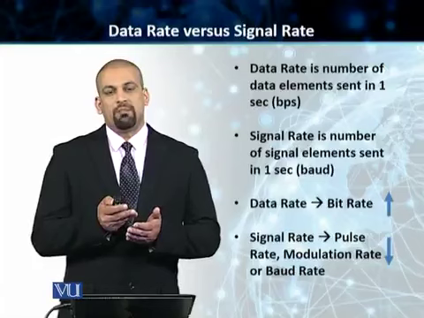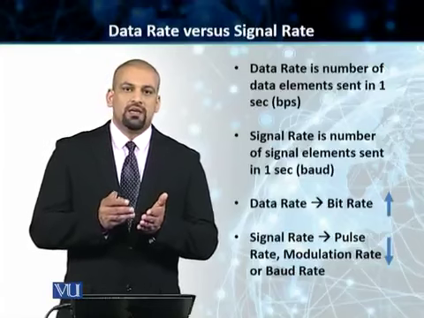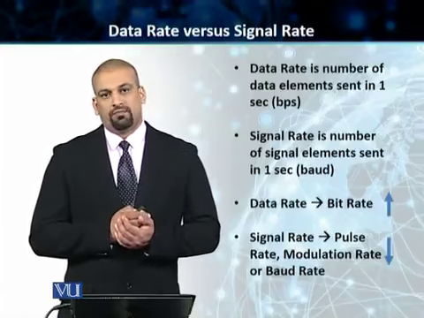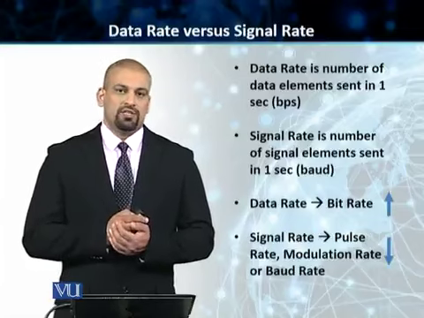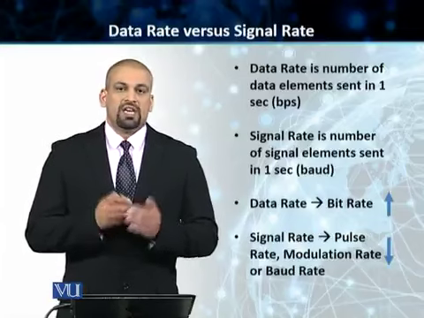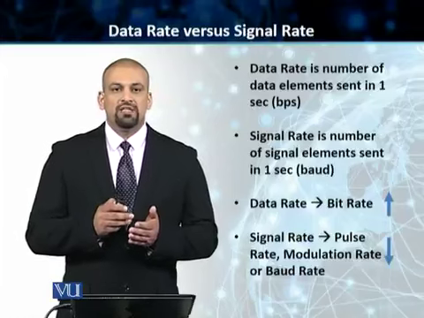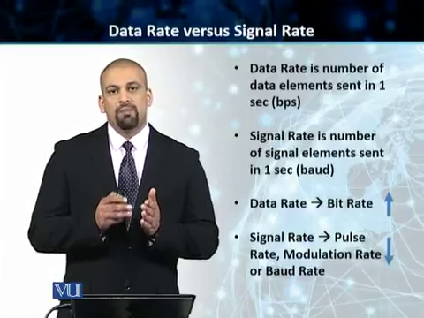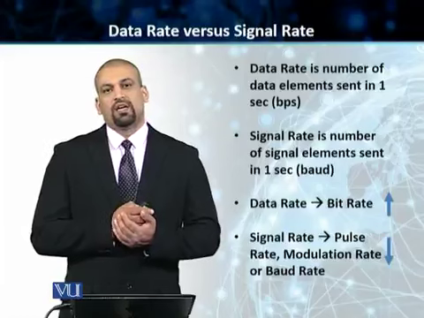Increase in data rate means that we are increasing the transmission speed, an ultimate goal in any data communication system. Decrease in signal rate means we are decreasing the bandwidth requirement of that data communication system.